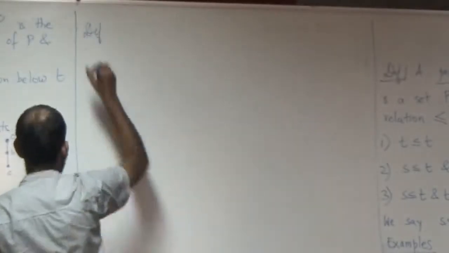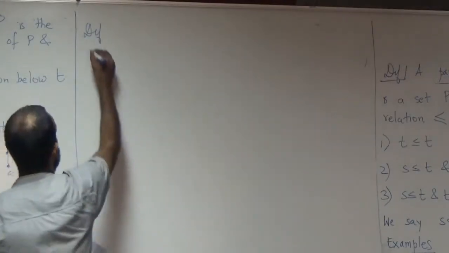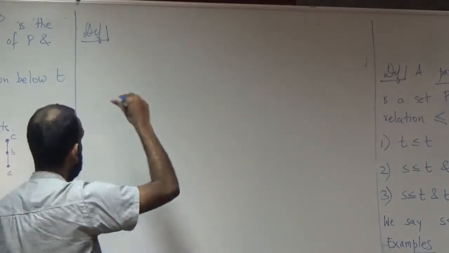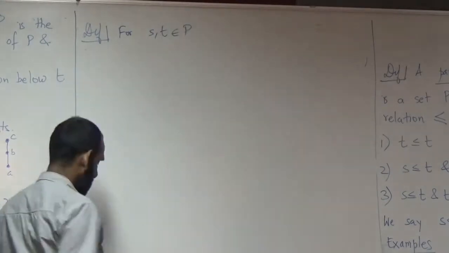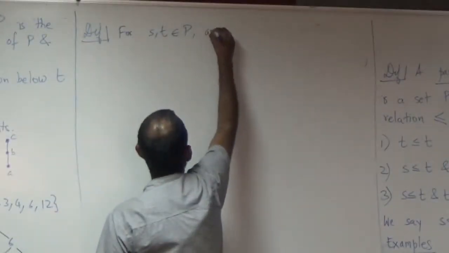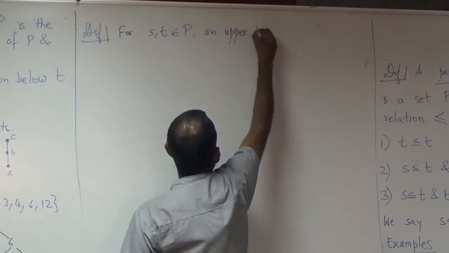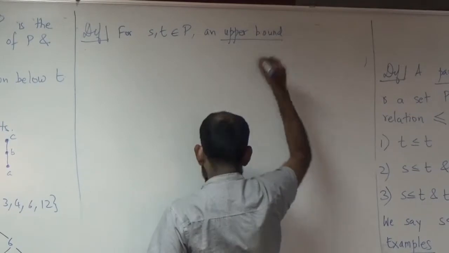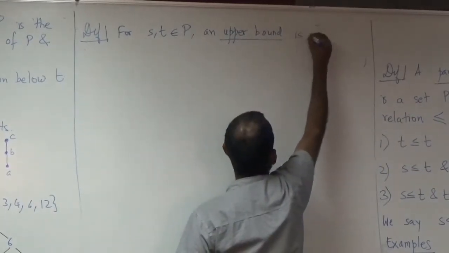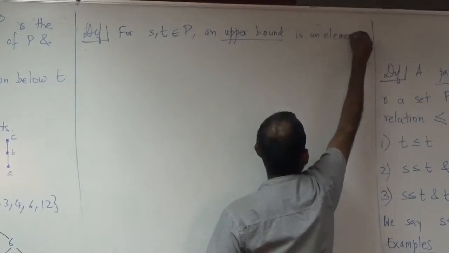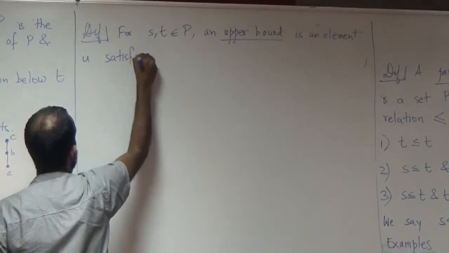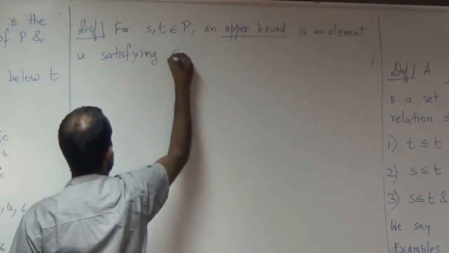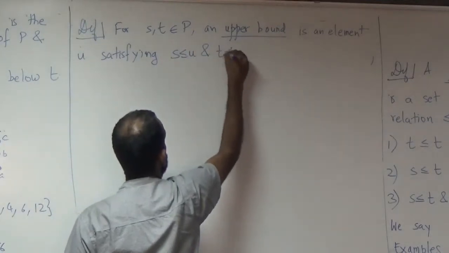So let me define them. Before that I need another definition. For s and t in P, an upper bound is an element u satisfying s is less than or equal to u and t is less than or equal to u.